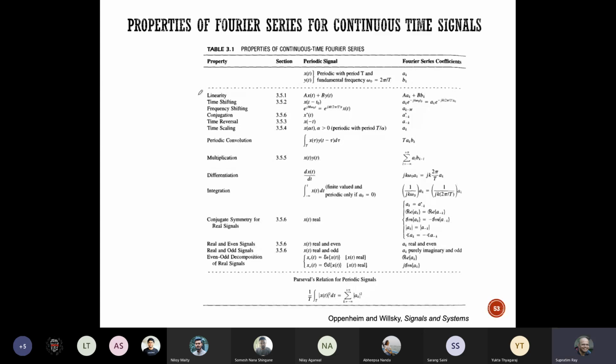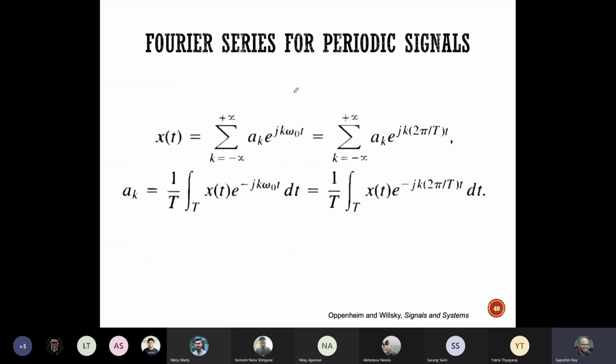Linearity is okay, right? This one is straightforward. You can see that everything is linear in this equation. So if I do a x(t) plus b y(t) and add it up, all these coefficients are just going to get scaled and get added. This whole thing is linear. The integral is linear. If I integrate over a x(t) plus b y(t) instead of x(t), the integral is just going to go over, right?